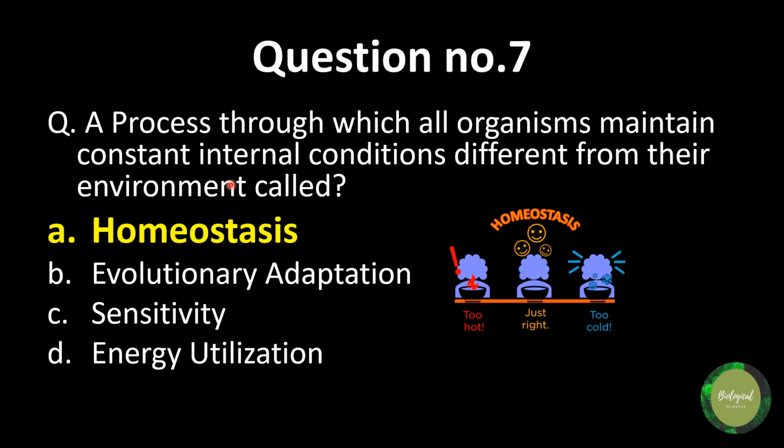For example, animals and human beings have the capacity to regulate their internal temperature, whether they live in harsh cold conditions, but they have to maintain their internal temperature.